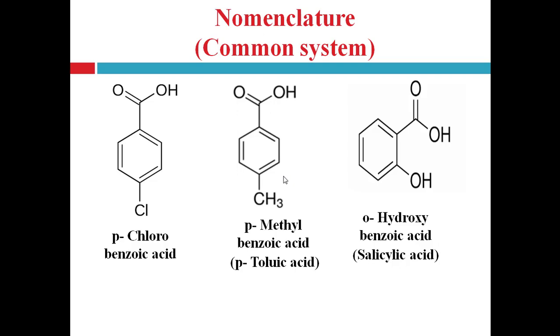Again, then consider the relative position, either both are present at ortho to each other or para to each other, then it is called ortho-toluic acid or para-toluic acid, right? Here para-methyl benzoic acid is given, that's why it is para-toluic acid, right? Para-methyl benzoic acid is also a common name for the acid, right?